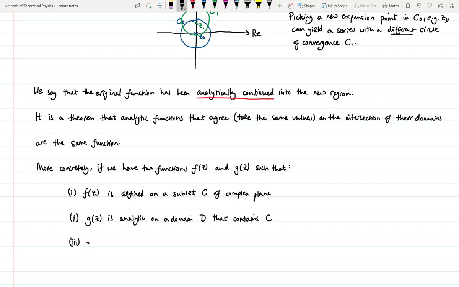And the third condition is that this function g of z coincides or agrees with the other function in that subset.